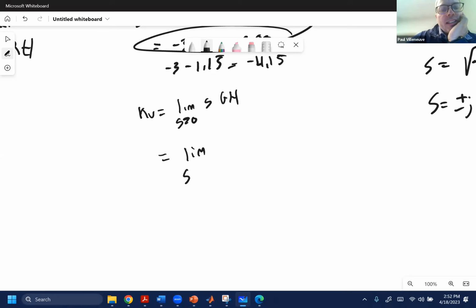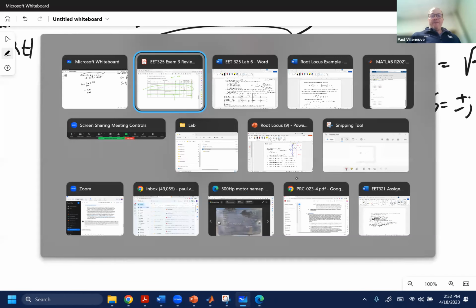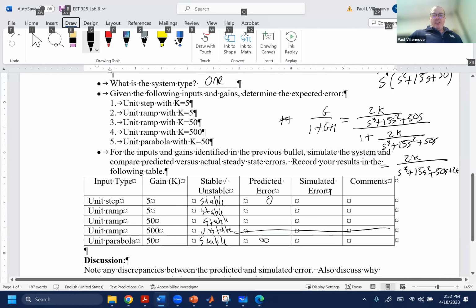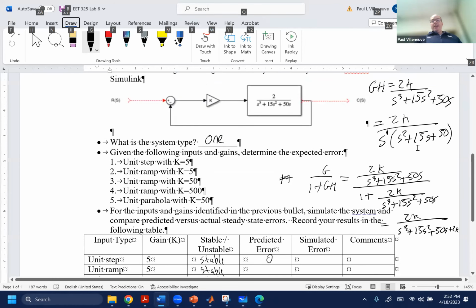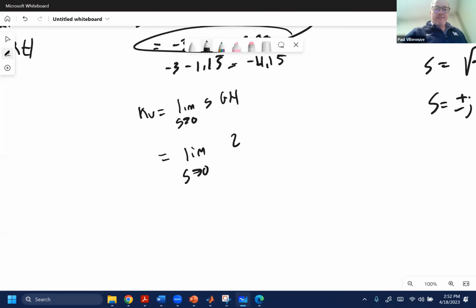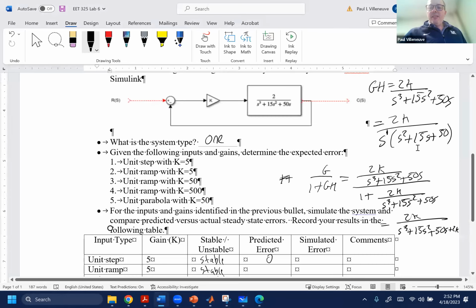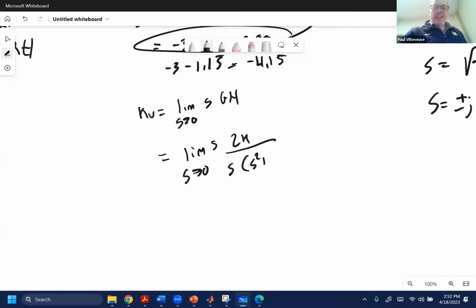Let me do it on the whiteboard, just because it writes a little better. So now I'm going to plug in my GH. My GH transfer function is 2K over S times S squared plus 15S plus 50.